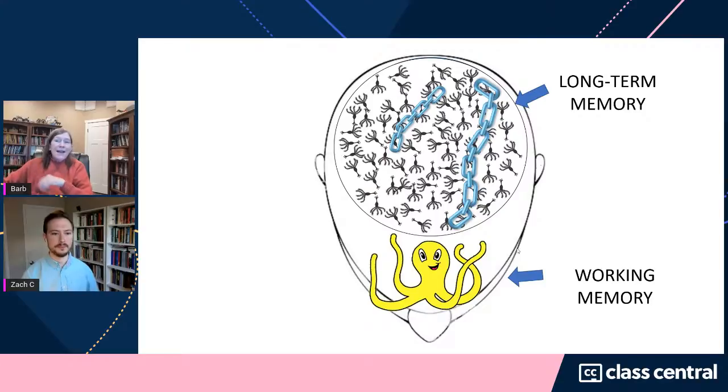So I use a quadrupus, which has 4 arms, and those 4 arms represent the 4 pieces of information that your working memory can reach up and grab. If you look here, you can see how working memory reaches up, grabs a set of links from long-term memory, and then it's able to work with those sets of links.